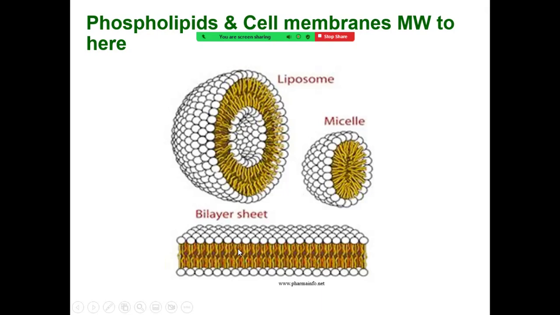The fatty acid portions will be together and the heads will face the water, and it'll form a circle like that, with the water being outside and the heads on the outside, and the fatty acid tails all on the inside. There will be a layer of phospholipids with the heads facing outward, and of course water inside here.